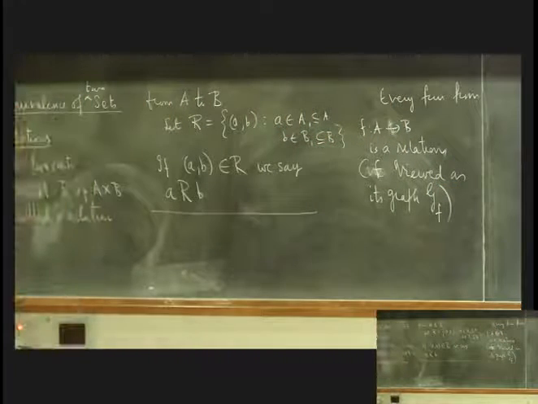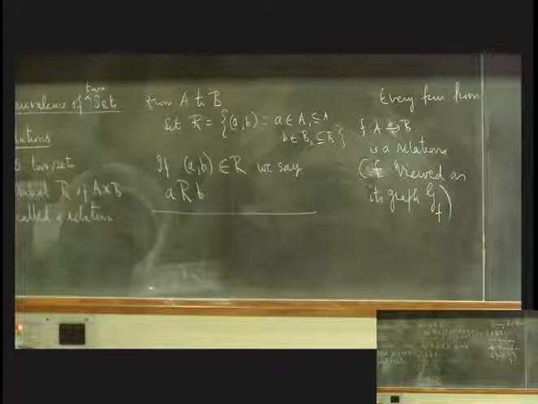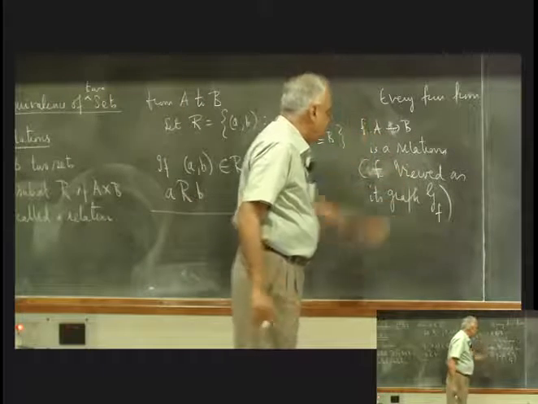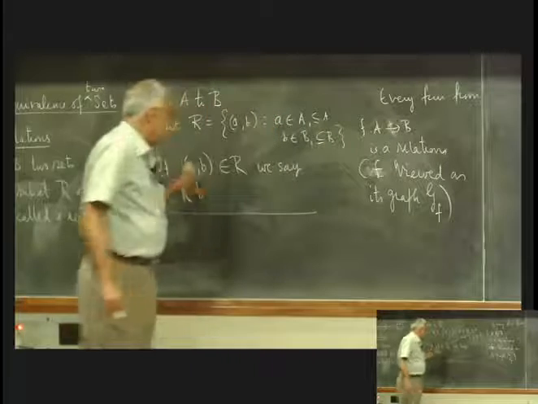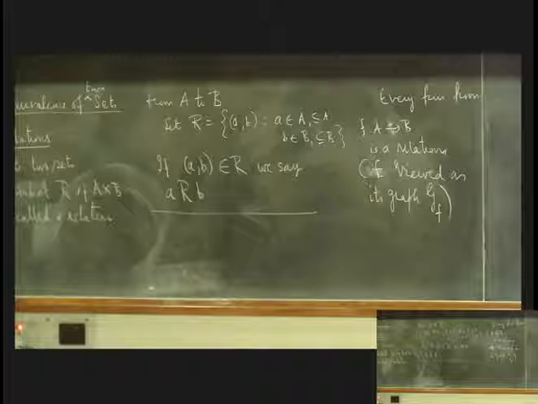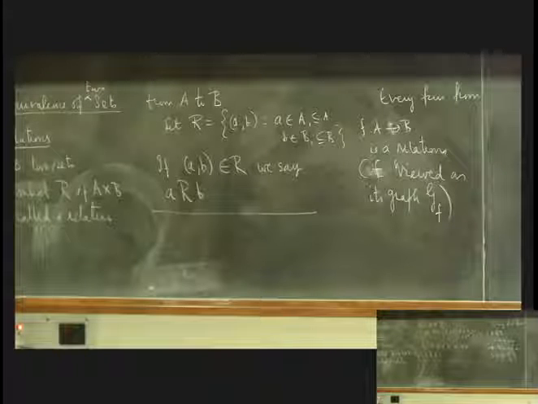The only thing to be noticed is this: for this particular relation, every a must be related to some b, because f of a must be defined for every a if A is the domain. So every a has a relative, and whenever we say it's a function, it's a single valued function, not multi-valued, what we mean is every a has a unique relative.